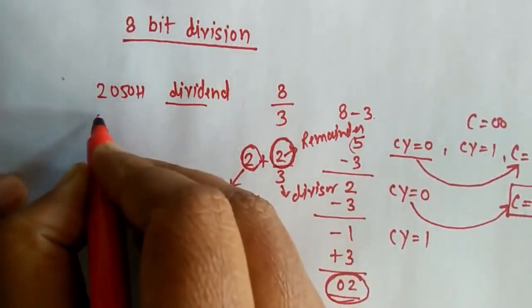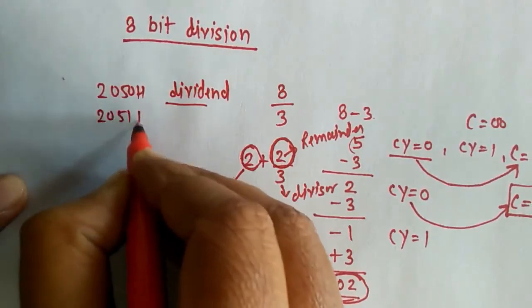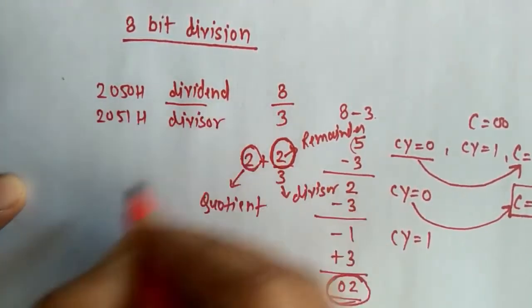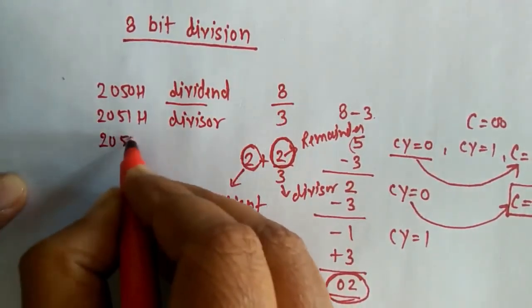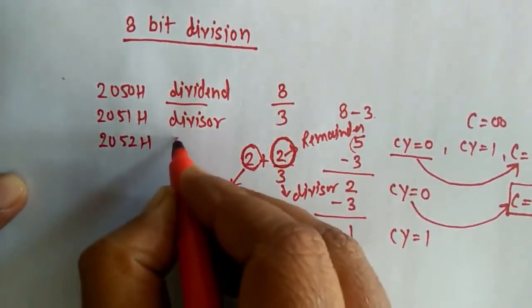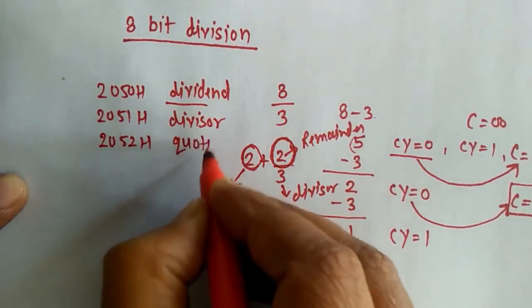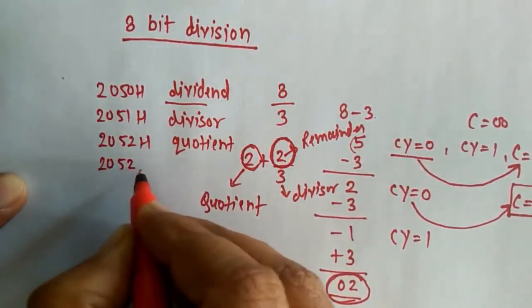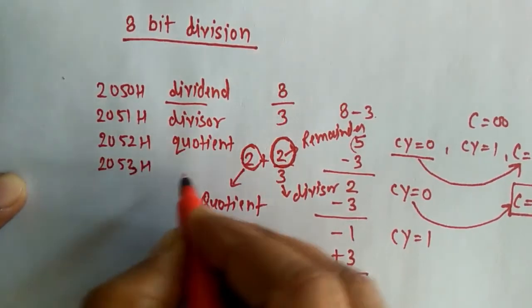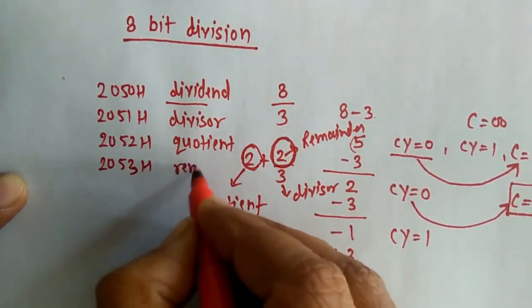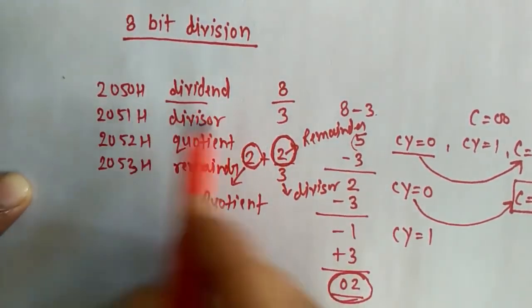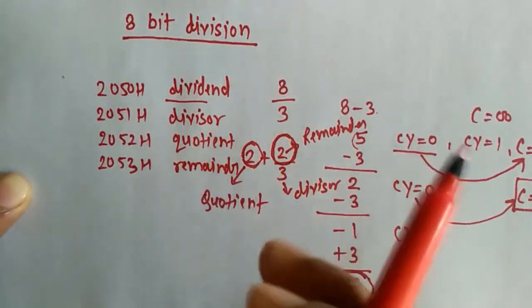Then at the next address I am assuming that the divisor will be given, on the next address I am going to store the quotient, and at the next address we are going to store the remainder. That means in this program four consecutive memory locations will be used.